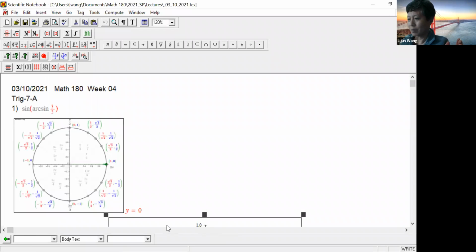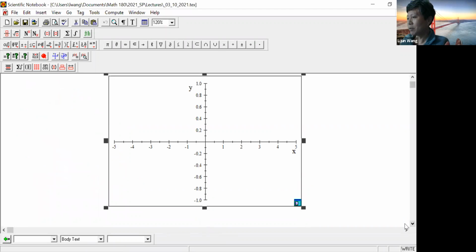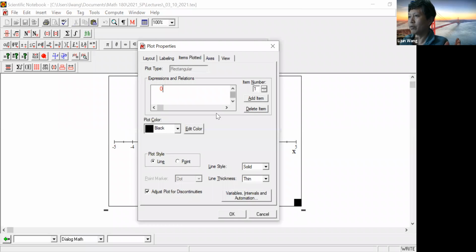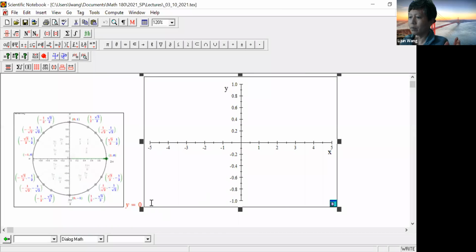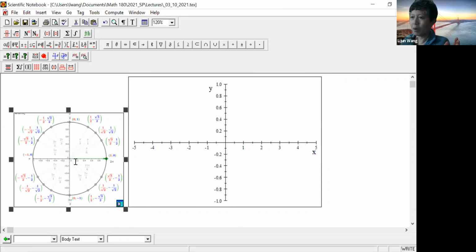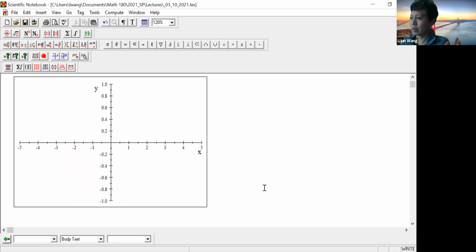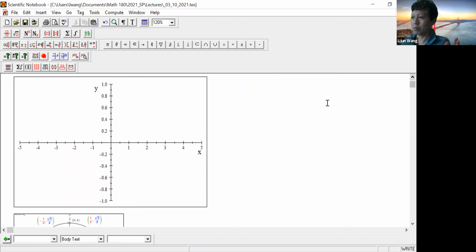I'm addressing people who think, oh my God, I don't know the answer. That's okay, that's what I'm here for. Once again, I get to show you the power of definition. I'm going to put this unit circle aside and just use my good old definition.